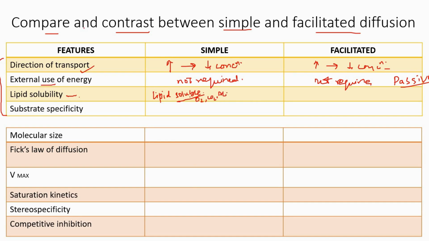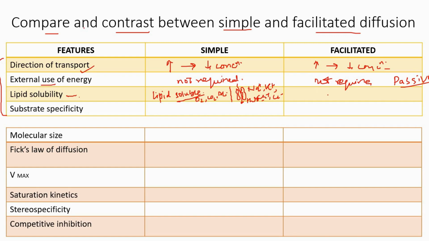In simple diffusion, it happens for lipid insoluble substances also, but that requires the protein channel. Through this protein channel the substance is transported. What are these substances? Like ions: sodium, potassium, calcium, chloride, and water. These are lipid insoluble substances transported through the protein channels.